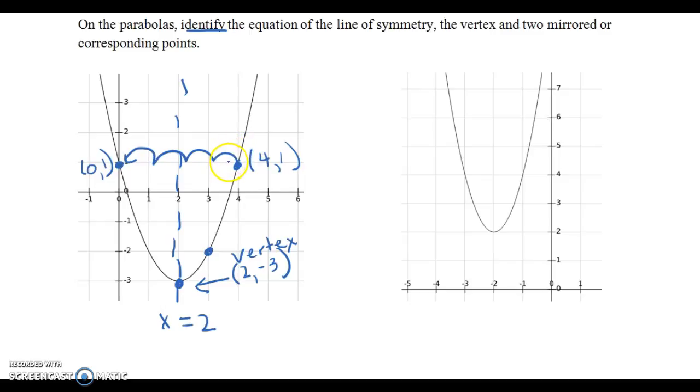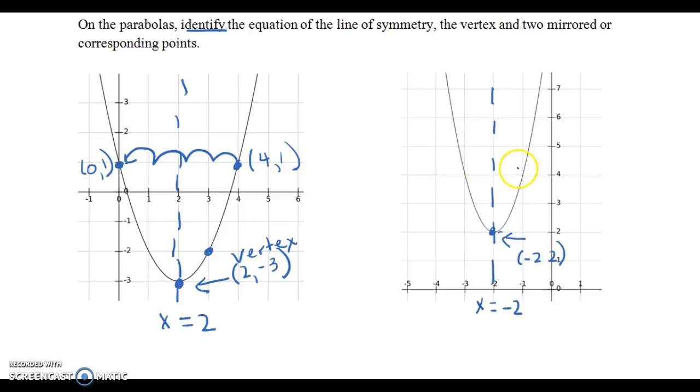Let's do one more just to make sure that we've got it. So again, our line of symmetry is this vertical line that cuts the parabola in half, and that's at x equals -2. So that's our equation of the line of symmetry. Our vertex is right here, and that's at the point -2, 2.